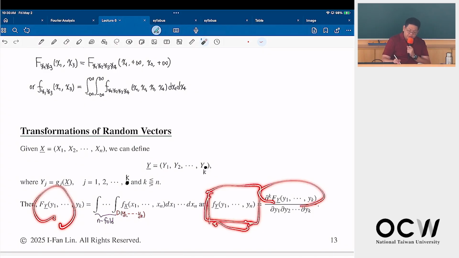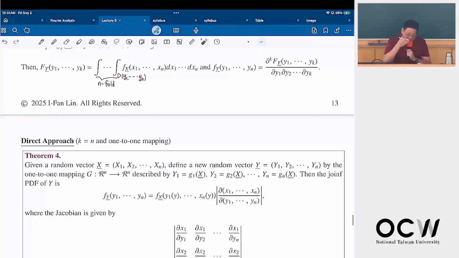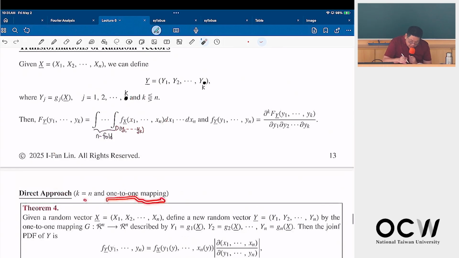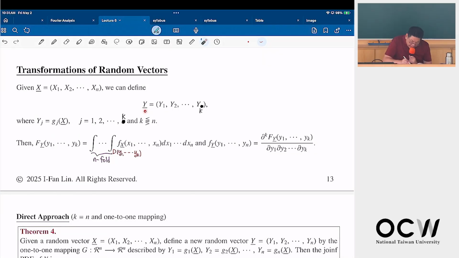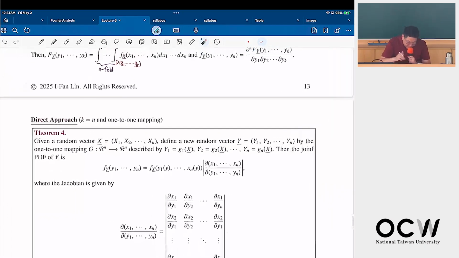Remember that we had another approach called the direct approach. If I have a PDF, how can I get the PDF directly from the other PDF? Suppose for this direct approach, I need to have a one-to-one mapping. So the elements of y and elements of x should be the same. But in this case, let's see this theorem.